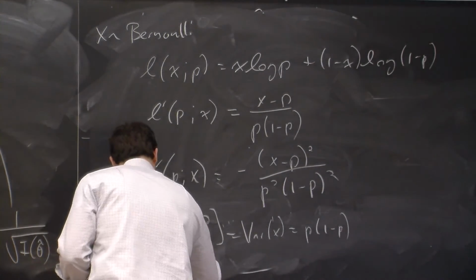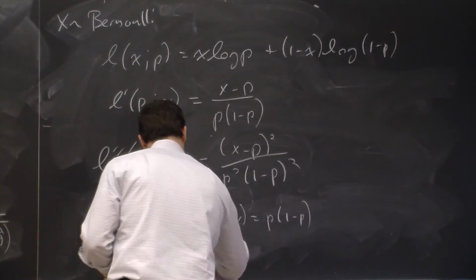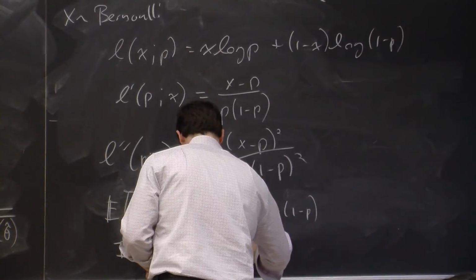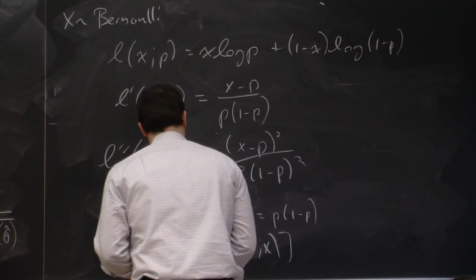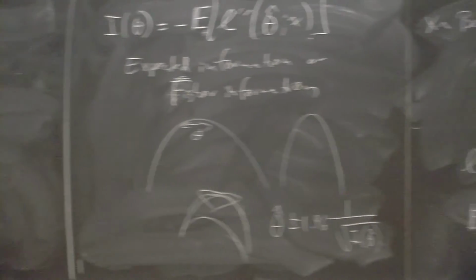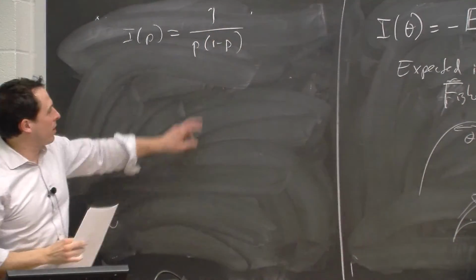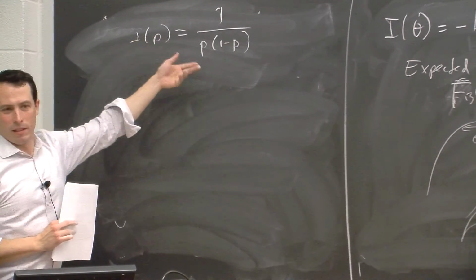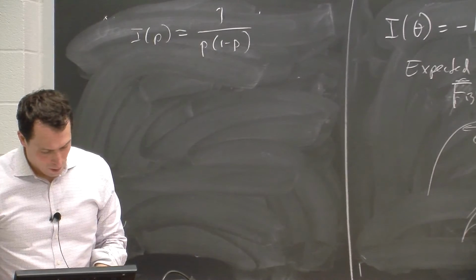And so this Fisher information, I of p, which is minus the expectation of the second derivative of the log likelihood function, is equal to something very simple, which is just 1 over p(1 minus p). Okay, so we knew this is the theoretical variance anyway; in this case there were different ways of computing it that become the same thing.